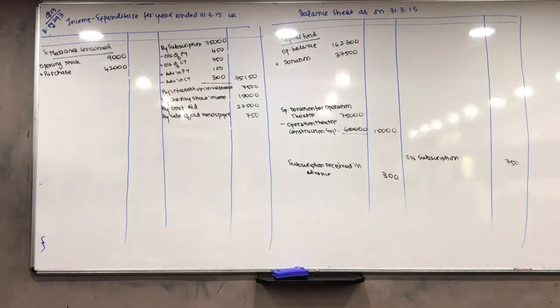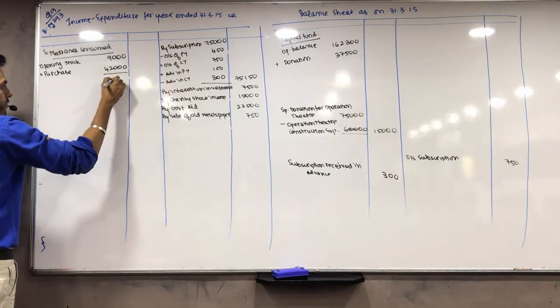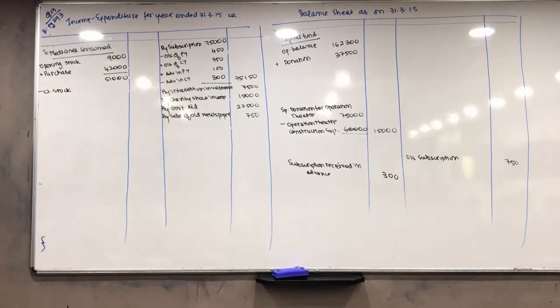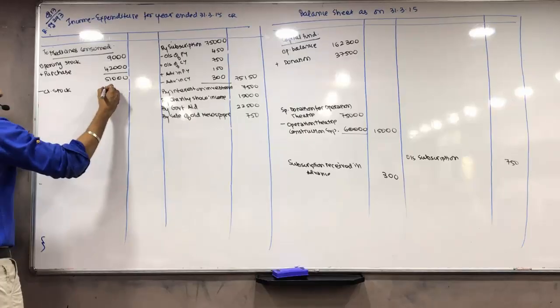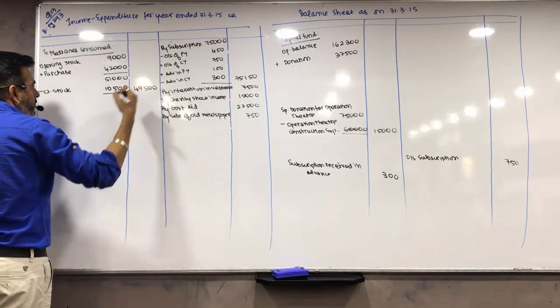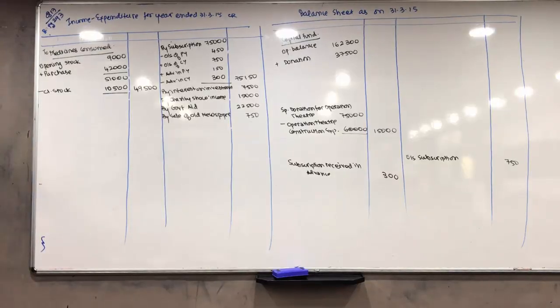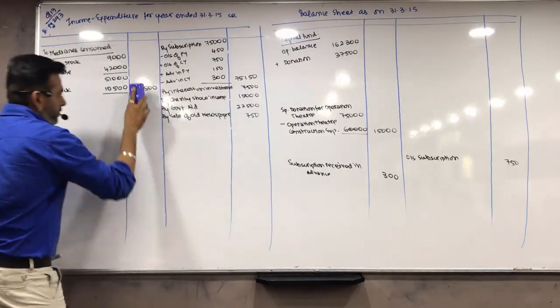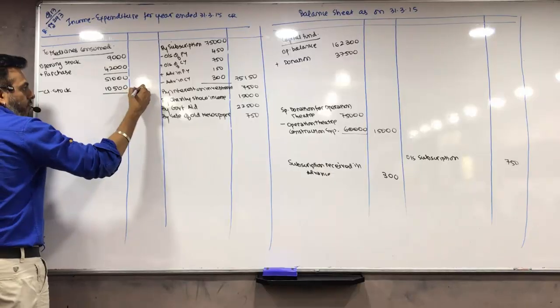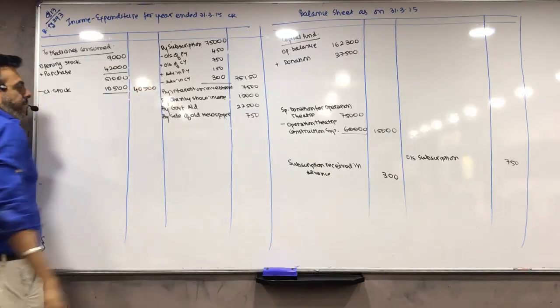Do the total, 51,000, minus closing stock 10,500, 40,500.